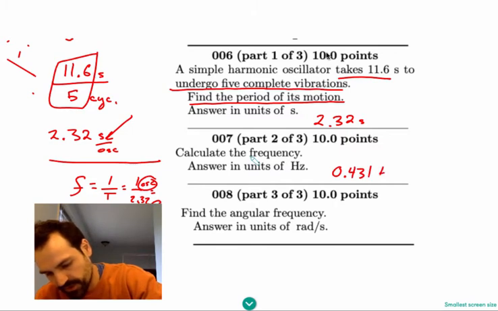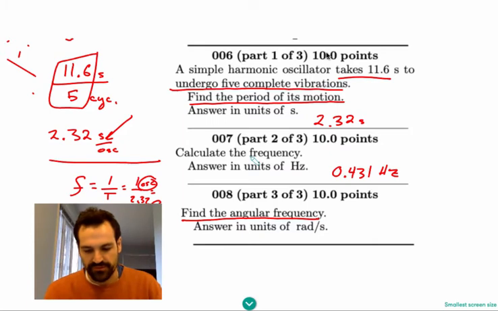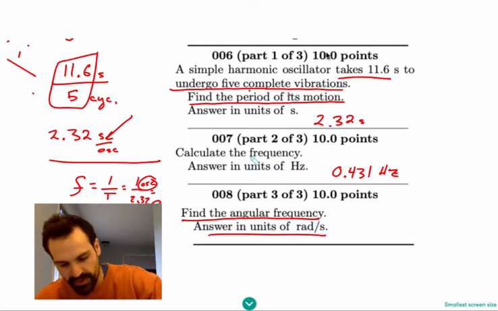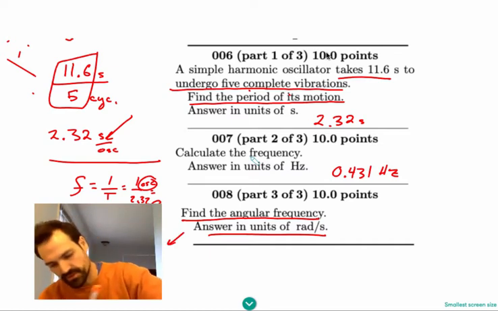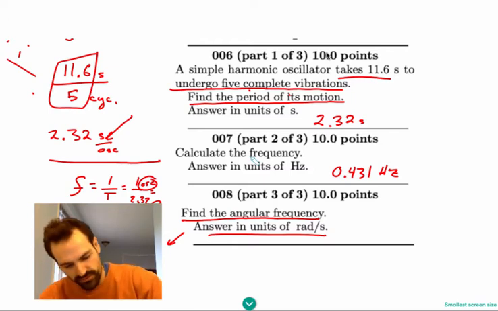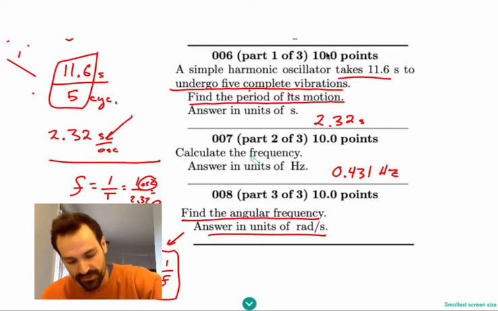So 0.431 hertz. And find the angular frequency or angular velocity in radians per second. And remember the equation, 2 pi over the angular velocity equals 1 over the frequency. It's also equal to the period. And this equation is also on your equation sheet.